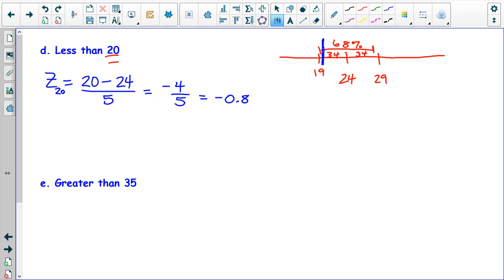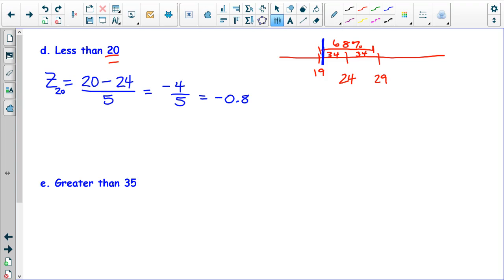If you look, 0.09 going across is 0.4641, but look at 0.00. It's 50, because it's half. So if you have Z-scores above the mean, clearly it's going to be more than 50, right?